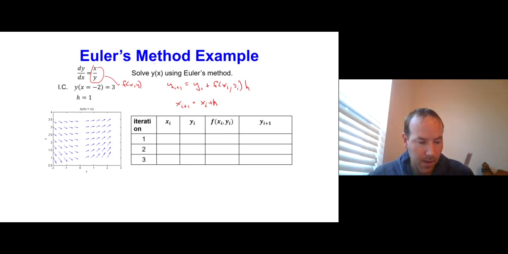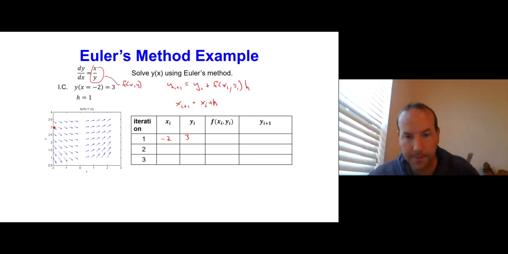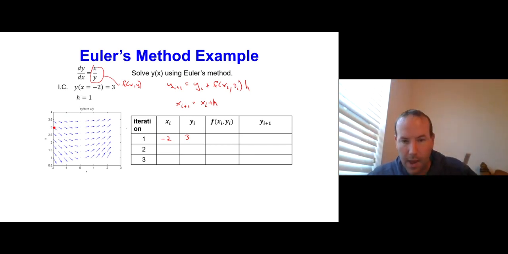So we're going to start by looking at our initial conditions: x equals -2 and y equals 3. On this plot, that's at this point right here. Then we compute f. f is x over y, so that's -2 over 3.